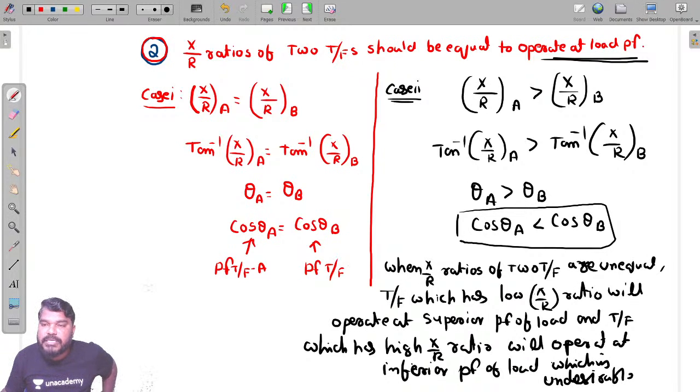That's why this condition is called an undesirable condition.